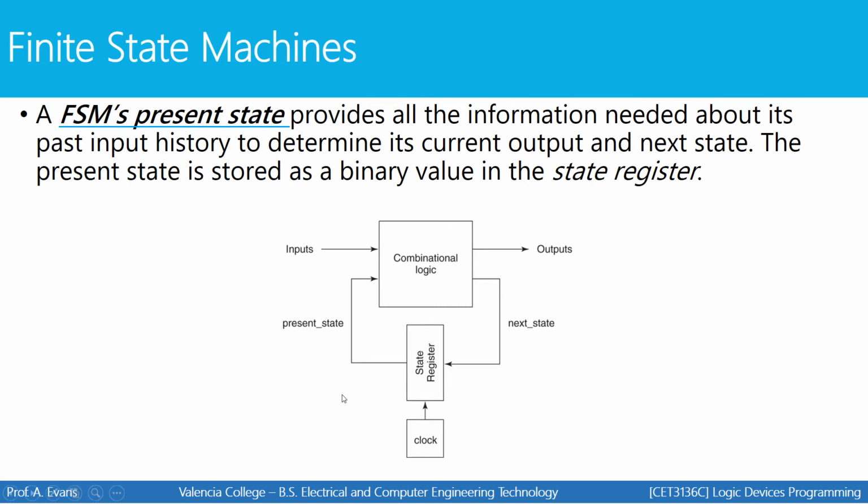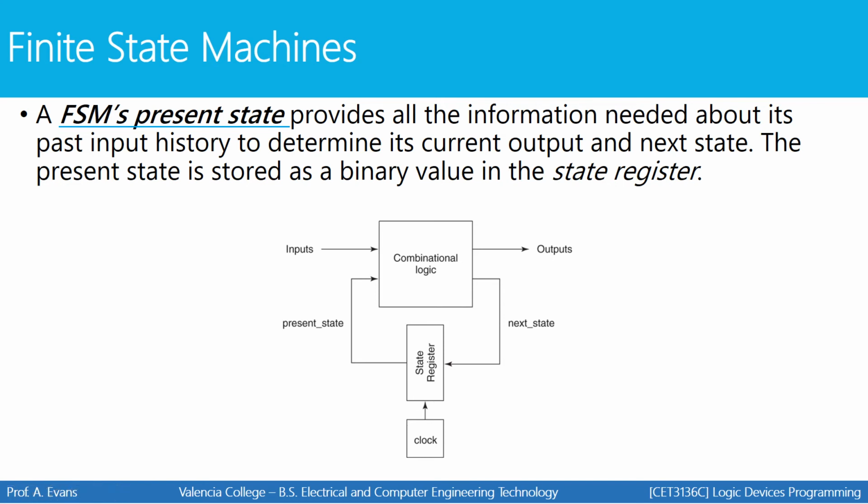And that's why you see both a present state and a next state listed on this diagram. So the present state is what provides information to this combinational logic block. This logic block will take the present state as well as any inputs from the user and then determine what the output should be next. The combinational logic block will also determine what the next state should be once the clock makes a transition.